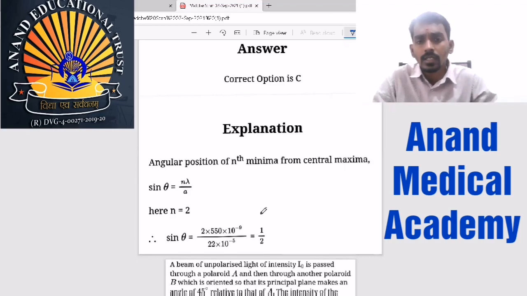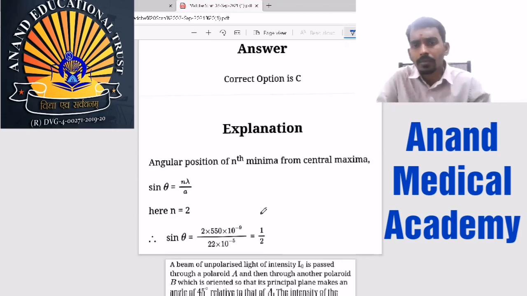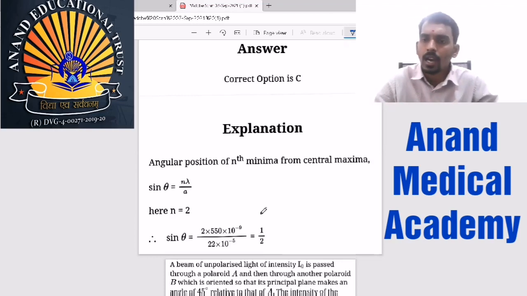Here the thing is, it is based on either Young's double slit experiment or diffraction. Questions can be asked based on both of them, like the position of nth minima, nth maxima, or nth bright fringe or nth dark fringe, or angular position or linear position. Based on those formulas, it is a direct formula based question.